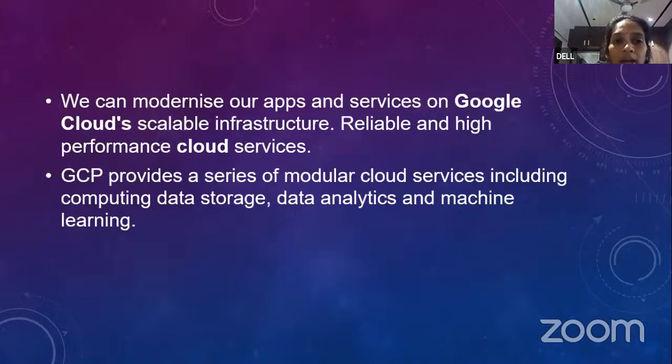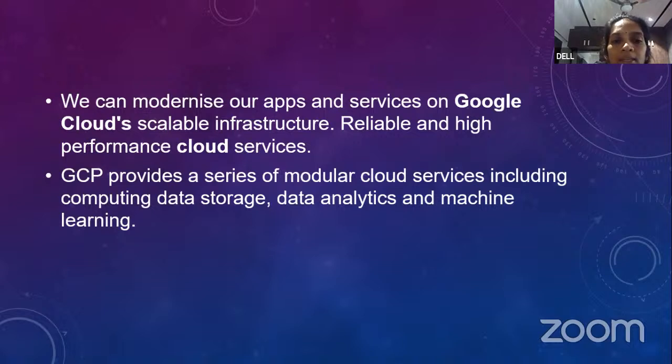So we can modernize our apps and services on Google Cloud's scalable infrastructure. Here scalable means we can measure the storage and extend the storage, and according to our requirements, we can design the services using Google Cloud services. Google Cloud services are very reliable, high performance cloud services.